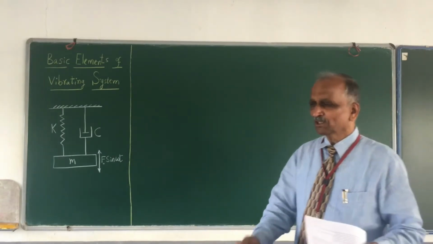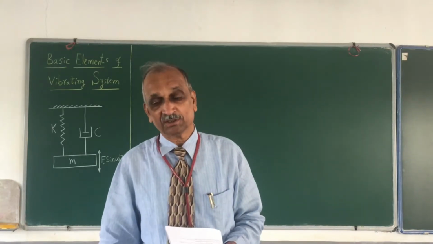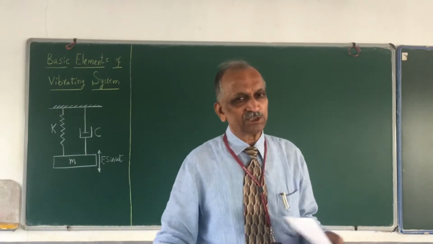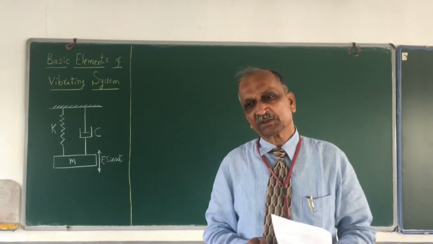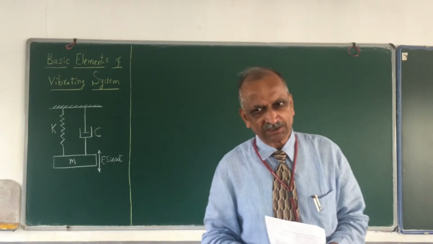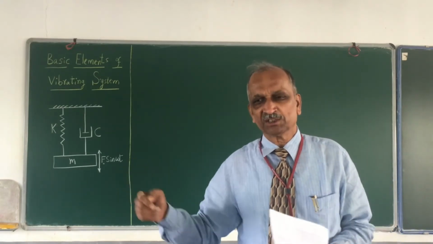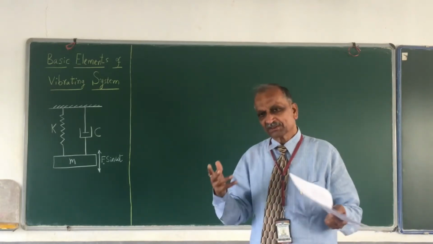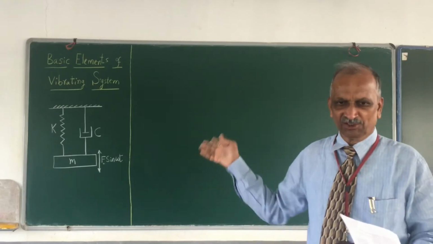Then we have something called frequency. We have defined it as the number of cycles per unit time, that is per second. That is called the frequency, which may be expressed in hertz, or in radians per second. The frequency expressed in radians per second, normally we denote by omega, and the frequency expressed in cycles per second or hertz, we shall denote by f in our discussion.